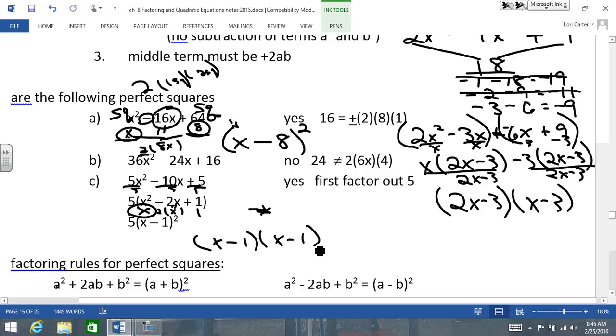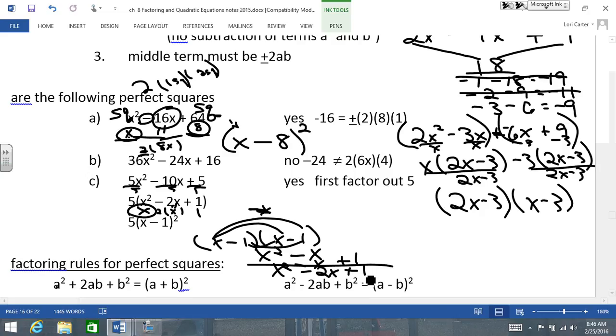When I take this times this, I get x squared, minus x and minus x, and positive 1. The last one has to be positive for this to work. So this is x squared minus 2x plus 1. When you're adding them together, the sign only comes into play at the end.